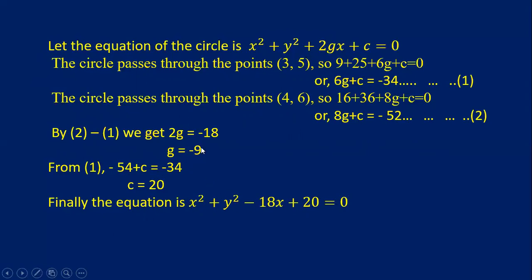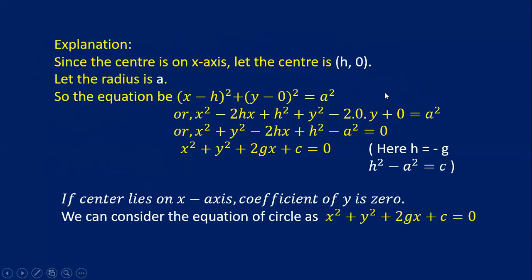So what is the main point here? As the center of the circle is on the x-axis, the y term will not be there. So that is how we have to consider the circle in this form: x square plus y square plus 2gx plus c.